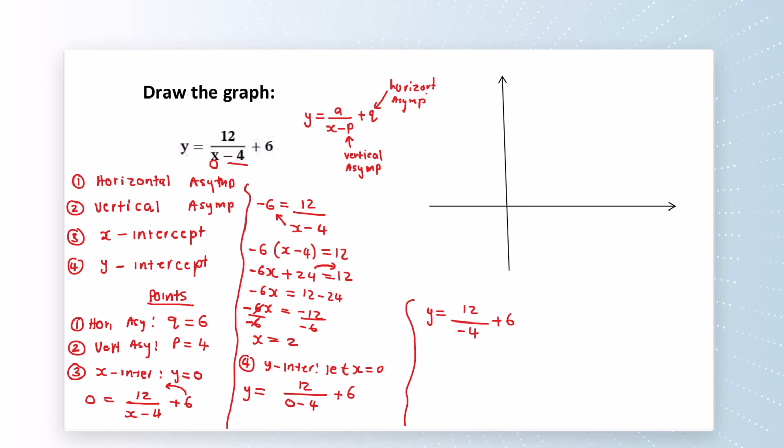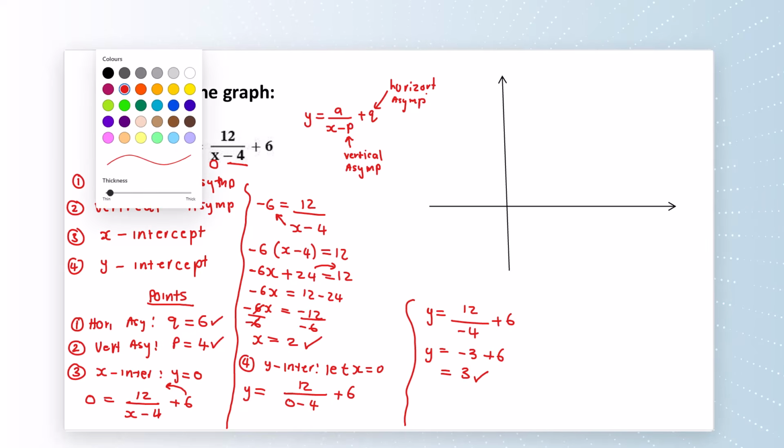You can just key this into your calculator and get the answer. 12 divided by negative 4 is going to be negative 3, plus 6. And the final answer is going to be 3. So, let's check what we have. We have an asymptote, the horizontal one at 6, the vertical one at 4, the graph cutting x at 2, and intercepting y at 3. Let's go and mark those points on the Cartesian plane.